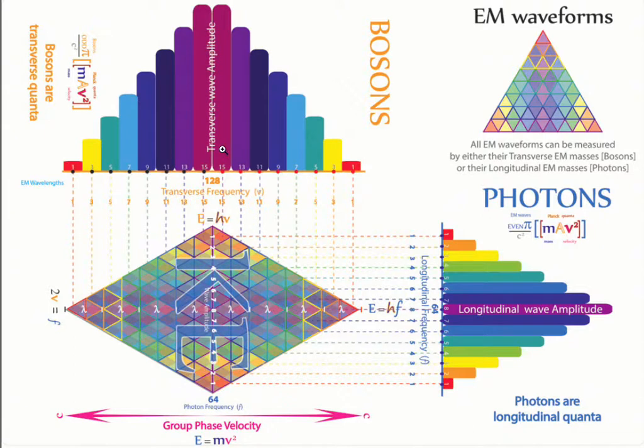We get different wavelength numbers, different wave numbers within the same geometry and the same unit of energy, all because of the different geometry of bosons versus photons. And again, that's highlighted in the unified field equation by the pi number, or the pi geometry, the charge geometry for all mass energy.